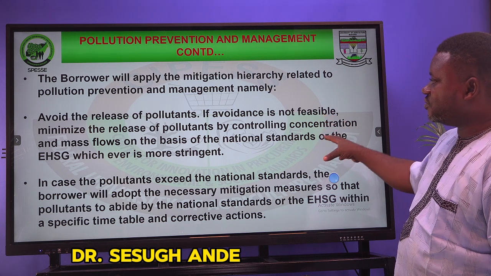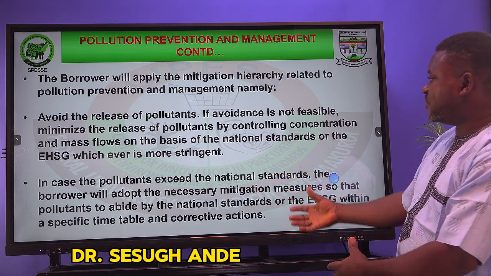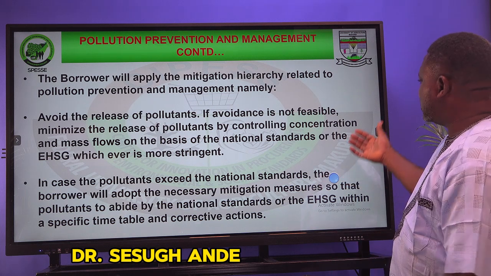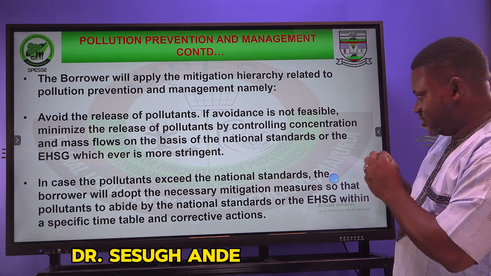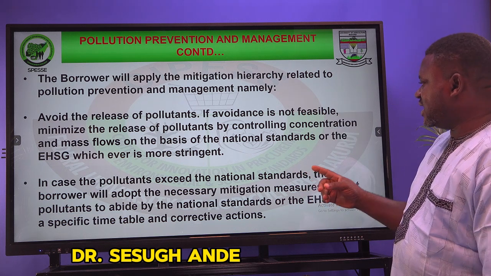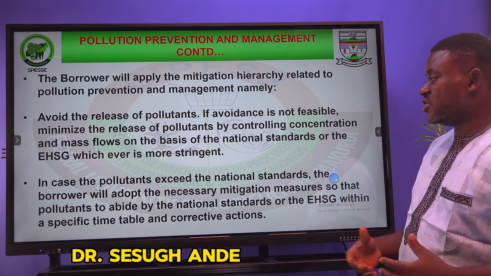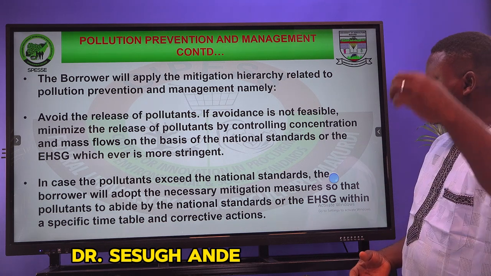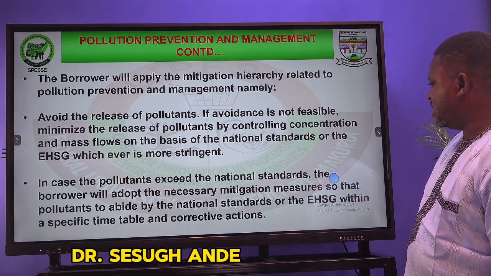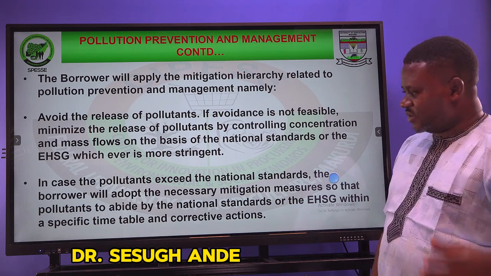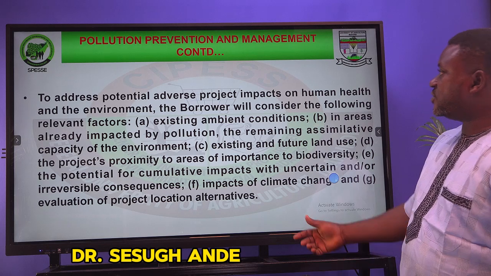If avoidance is not feasible, you minimize the release of pollutants by controlling concentration and mass flows on the basis of the national standards or the environmental health safety guidelines, whichever is more stringent. In case of pollutants exceeding the national standards, the borrower will adopt the necessary mitigation measures so that pollutants abide by the national standards or the environmental health safety guidelines within a specific timetable and corrective actions.